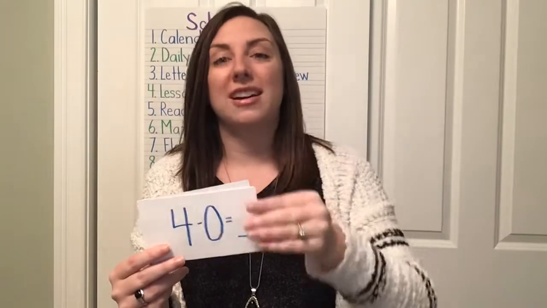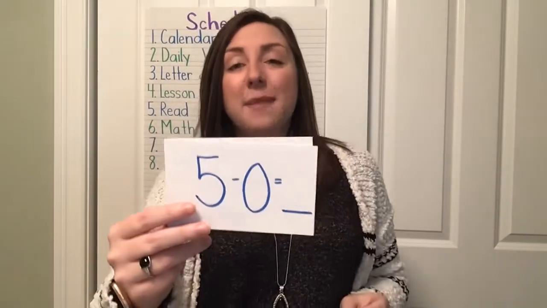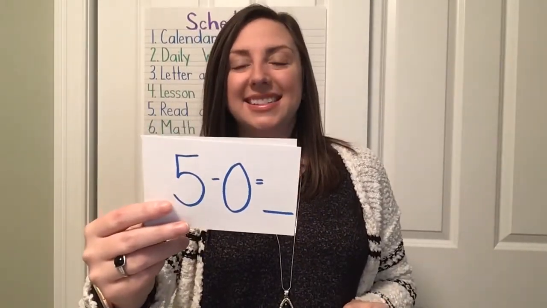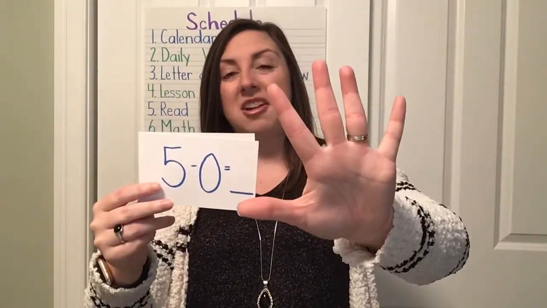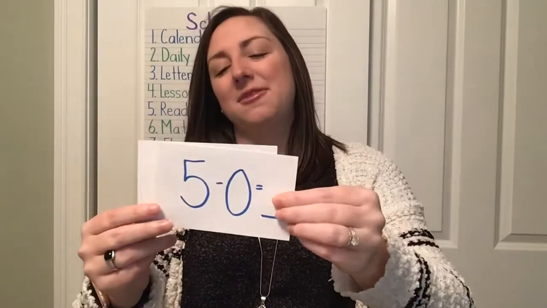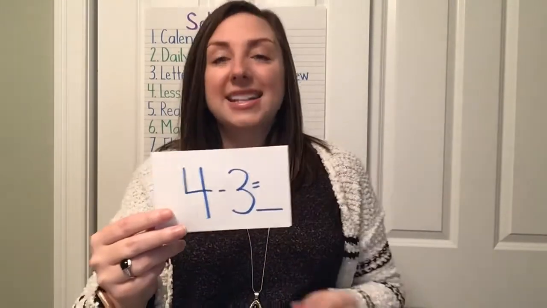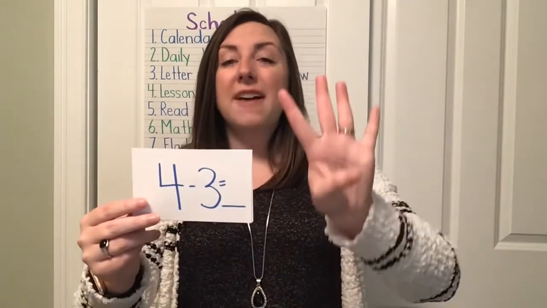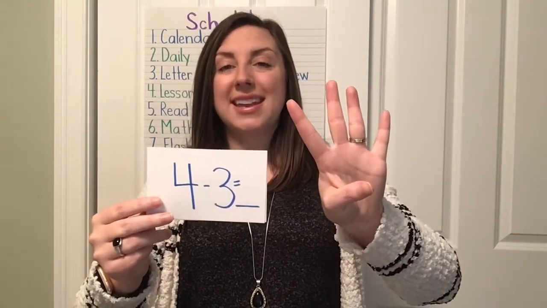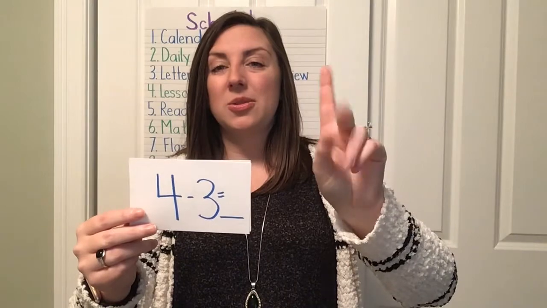If you're taking away nothing, you still have 4. 5 minus 0 equals 5. You have 5 and now you take away 0. You still have 5. 4 minus 3 equals 1. You have 4 and then you take away 3. 1, 2, 3. You are left with 1.